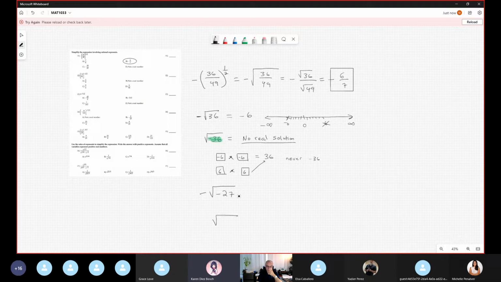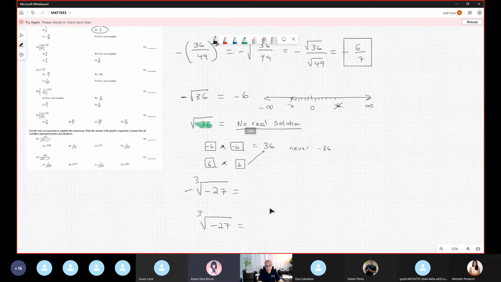I want to discuss the possibility in which the number inside the radical is negative but the index is odd. When I say odd, maybe it's 3, maybe 5, maybe 7. When it's even, like the 2 in the earlier case, the same situation happens with 4, 6, 8. For example, the 4th root of negative 36: no real solution.